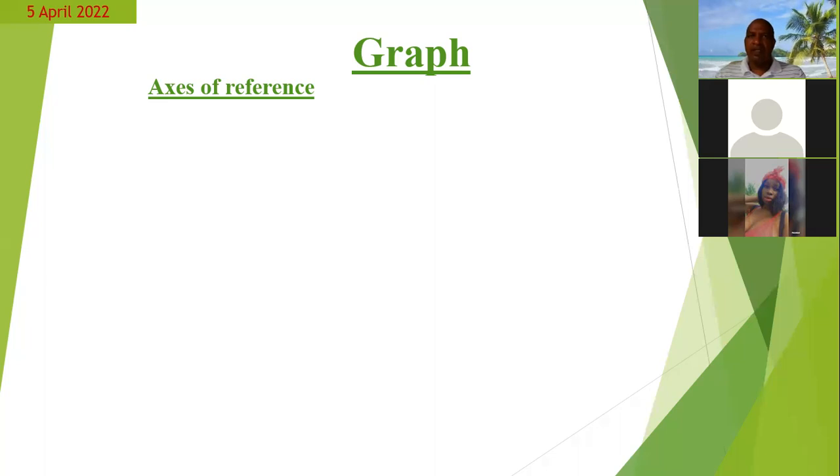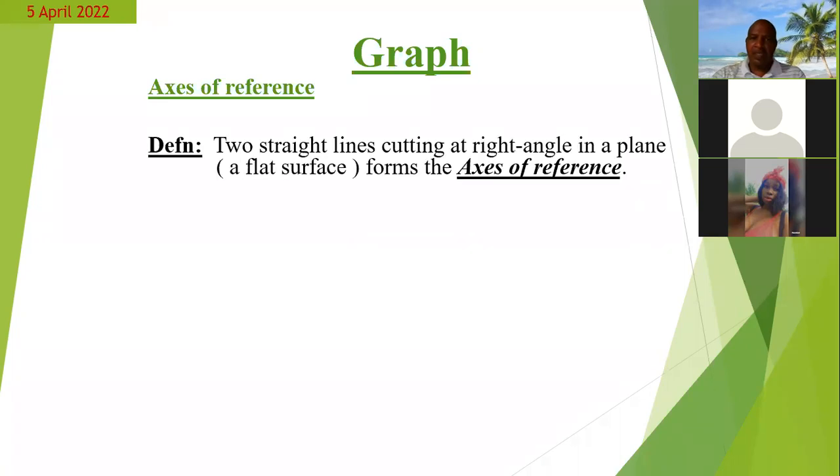So you're moving from 0 on the line, going to the right, you will be going in the positive direction. And if you're going from 0, lower than 0, going to the left, you'll be going in the negative direction.